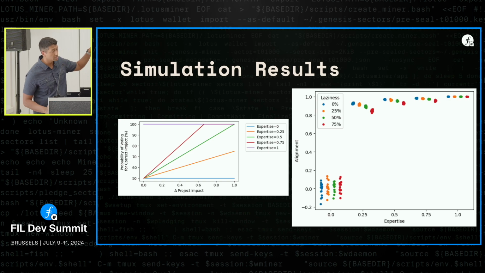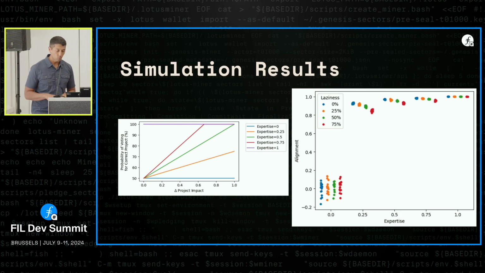A badge holder with an expertise of 1 can discern which project should win no matter the delta between the impacts of the projects. For others, it's much harder. These functions are one way to model that. There may be more accurate ways to do it. So that's how we model the expertise of a badge holder.